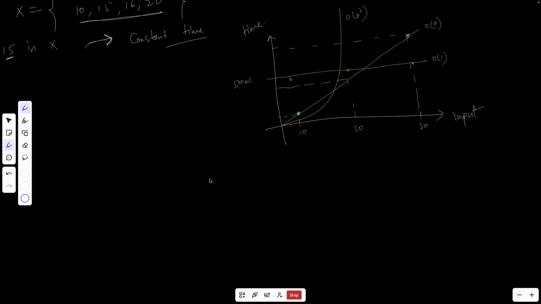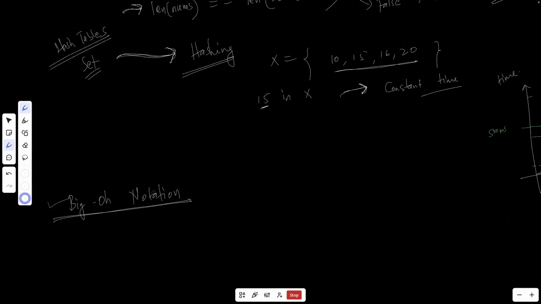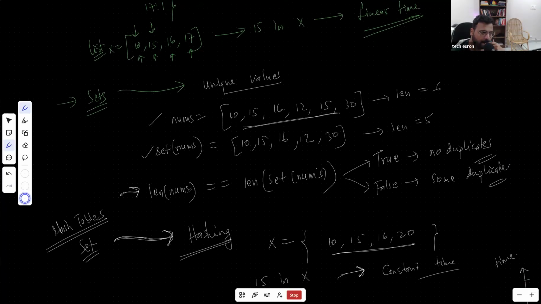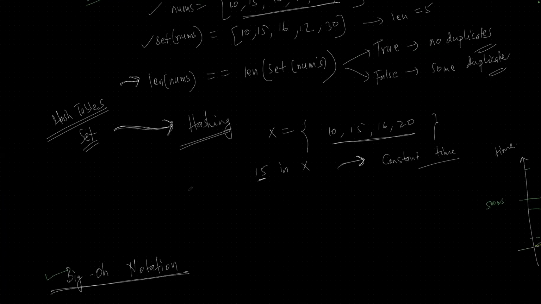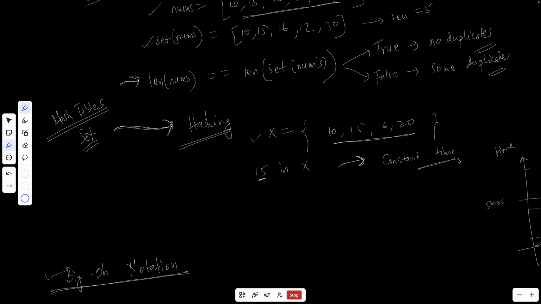Okay. I understood in the graphical manner, but in the above examples, x equal to 10, 15, 16, 20, you are saying that it is a constant time, right? How is it a constant time?